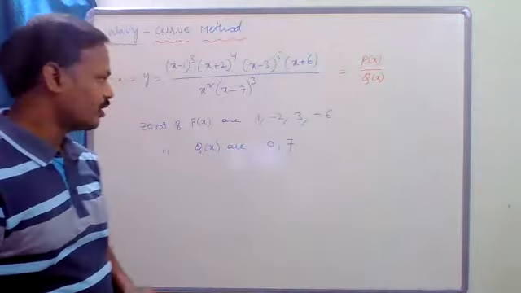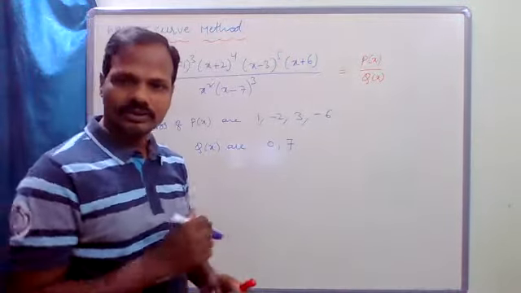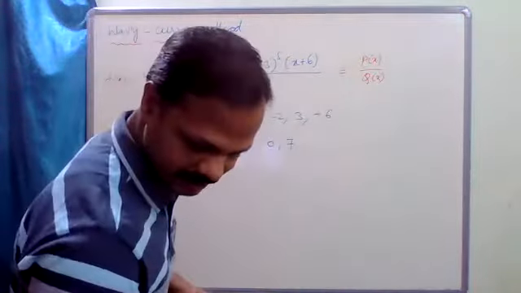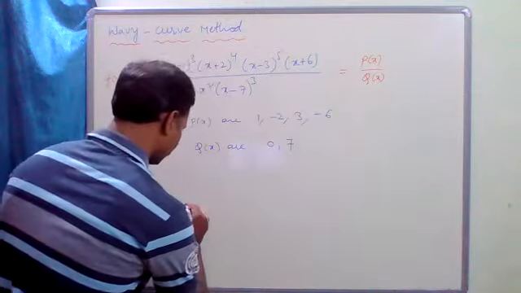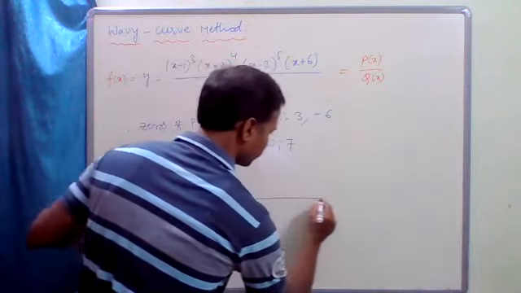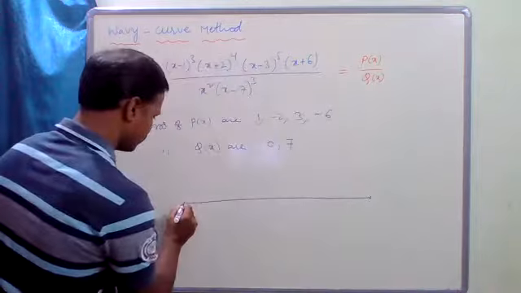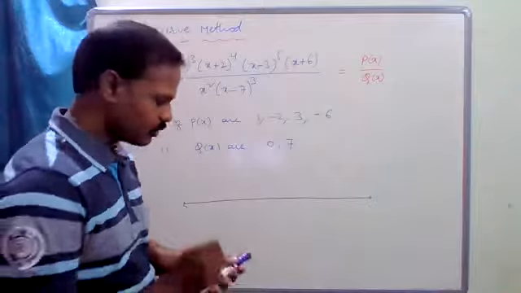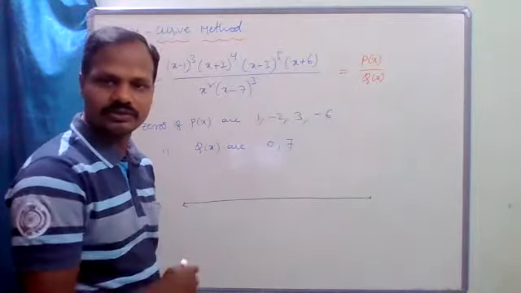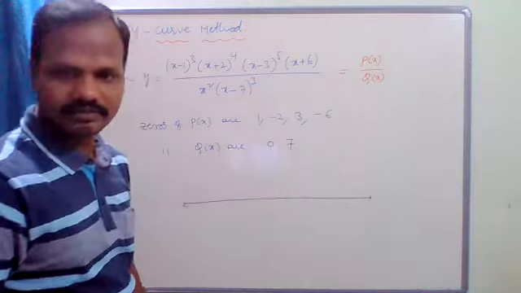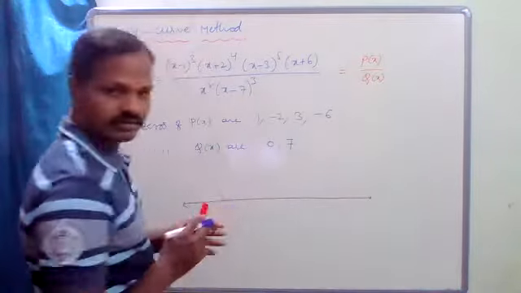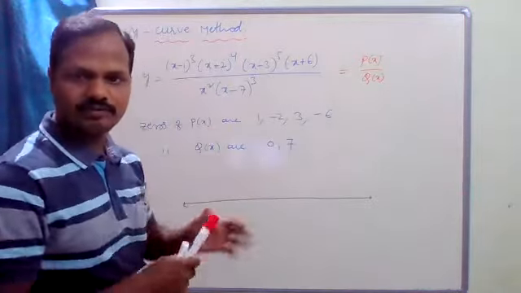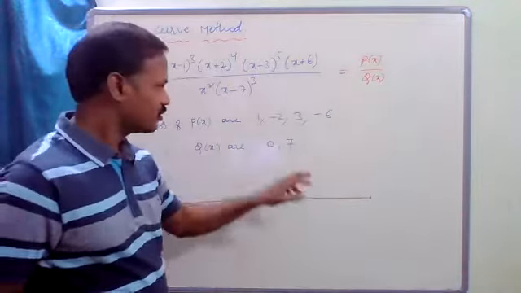Now take a real line, that is the x-axis. Look at the roots on the real line. Start from least to highest. What is the least number?